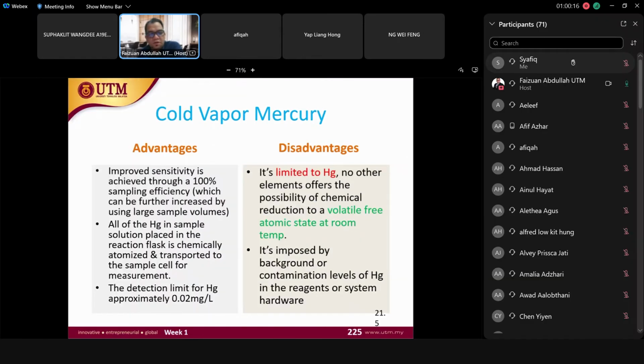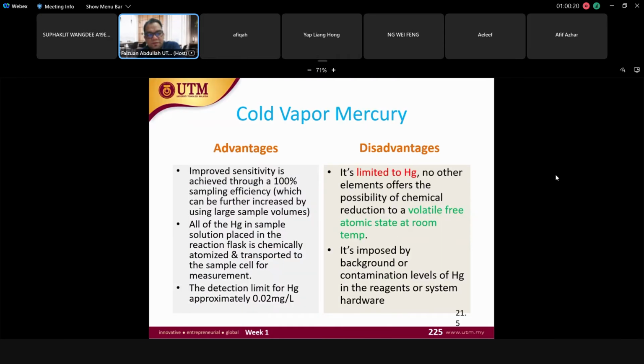So the cold vapor will improve the sensitivity, okay, with 100% sample efficiency. And all the mercury in the sample solution placed in the reaction flask is chemically atomized, not through heating, not thermally atomized. It is chemically atomized and transported to the sample cell for measurement.